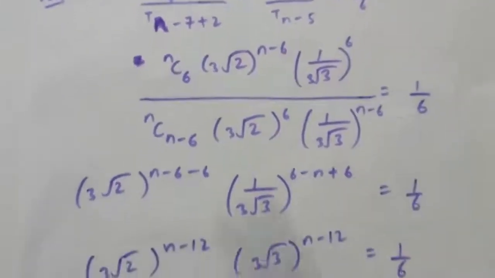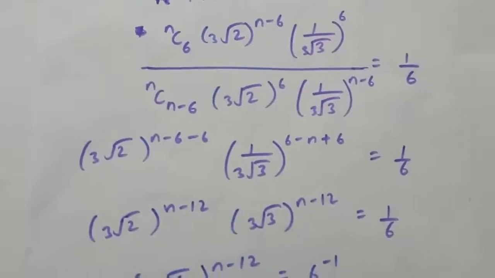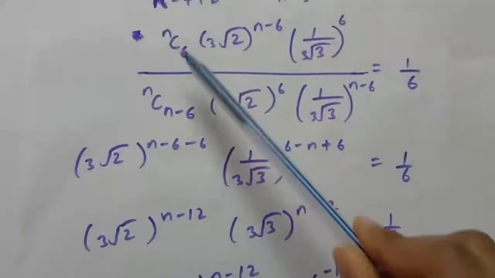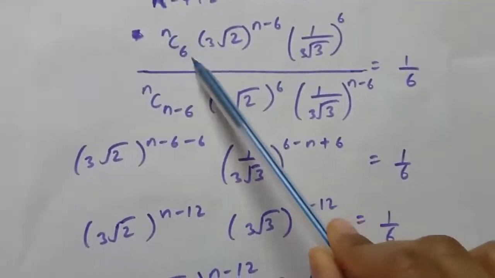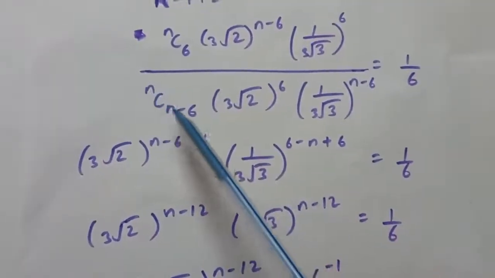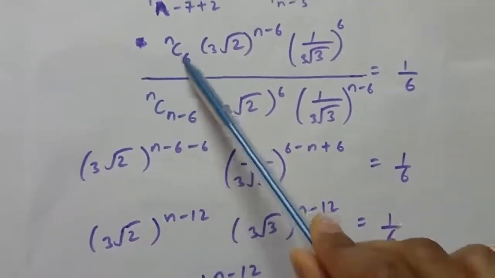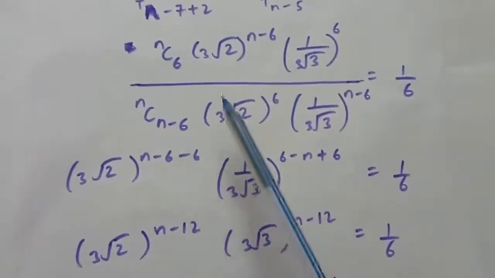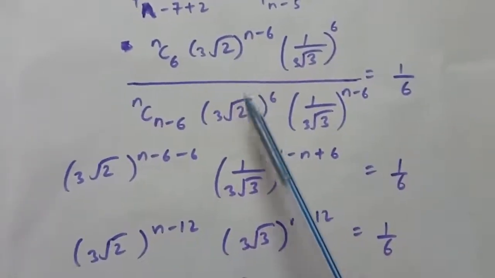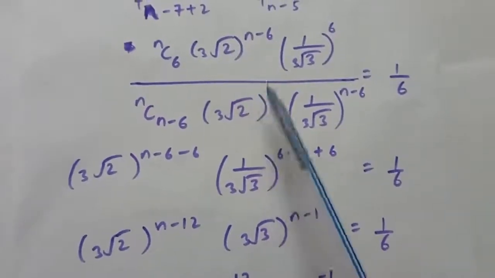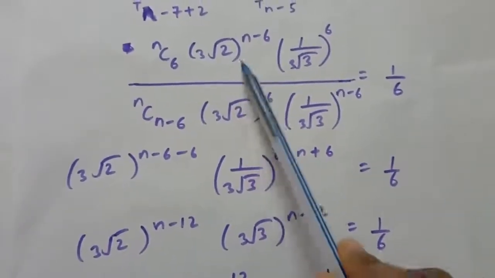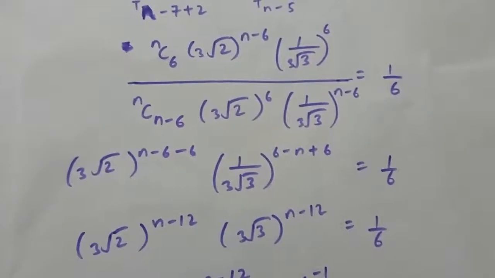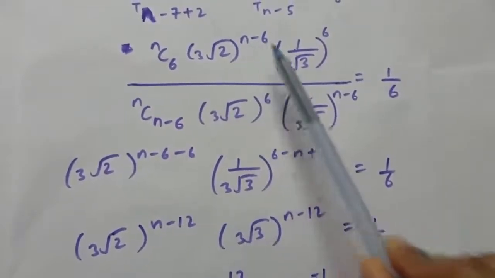Now we know the result that nCr is equal to nC n minus r. So these two are equal. So cancelling these two, now because bases are the same and they are in fraction, subtract their powers.